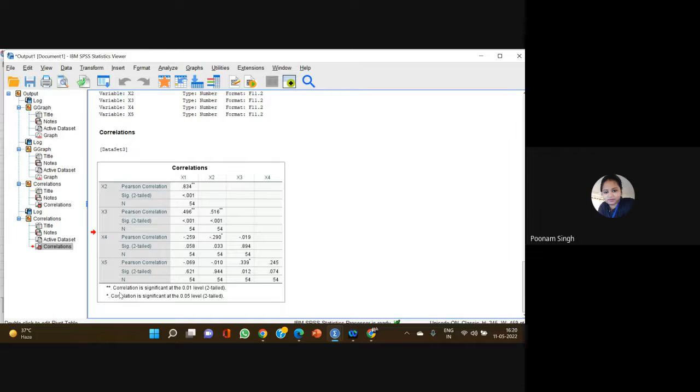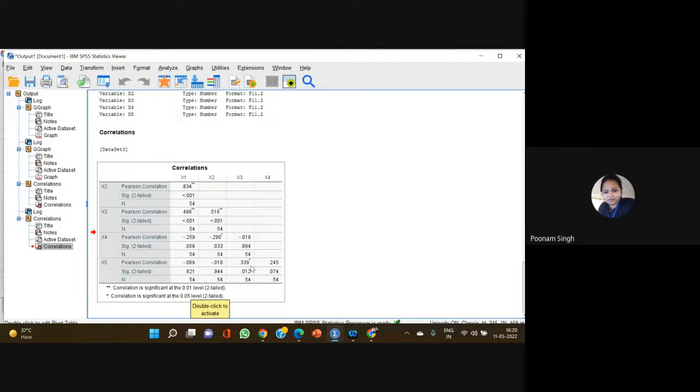A double asterisk shows that the correlation is significant at 0.01, and a single asterisk shows that the correlation is significant at 0.05. Where the correlation is not significant, it does not show any asterisk, because the significance value is greater than 0.05. That is why x4 and x1 are not significantly correlated, and the same for x5 and x1, x2 and x5.